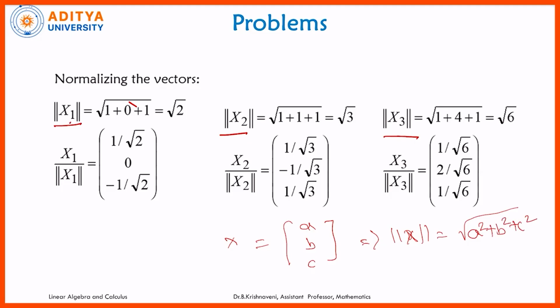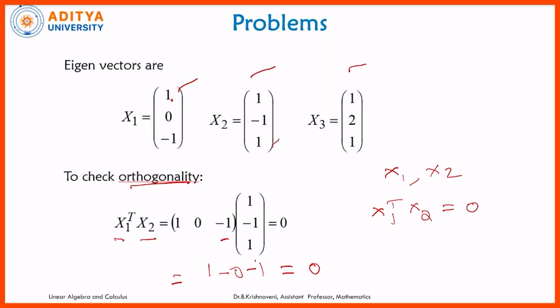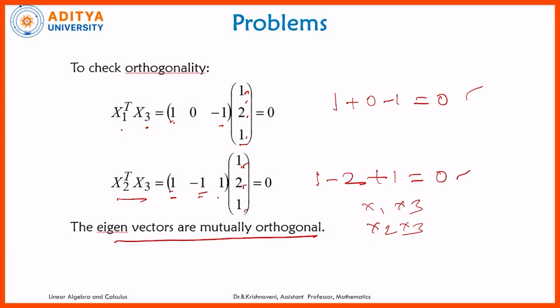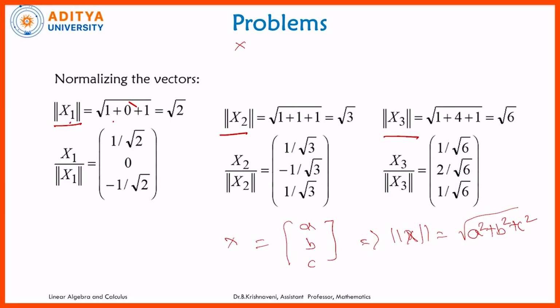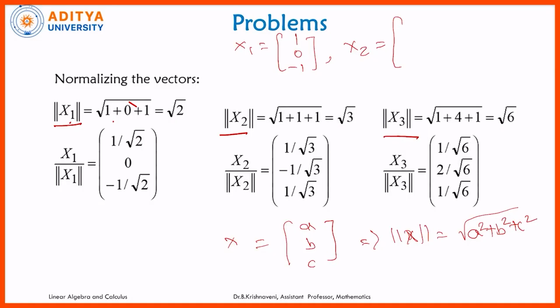First, let us write down what the vectors are. x1 is 1, 0, minus 1, x2 is 1, minus 1, 1, and x3 is 1, 2, 1.